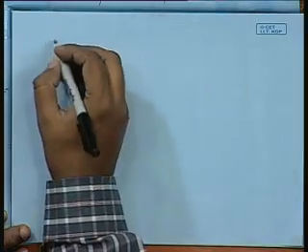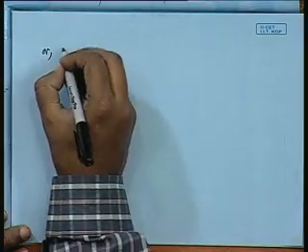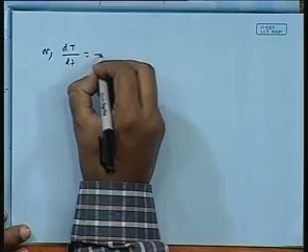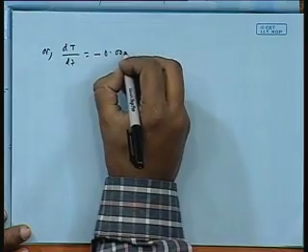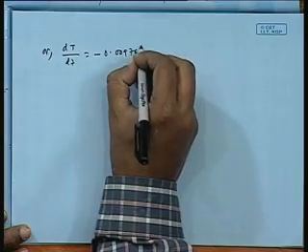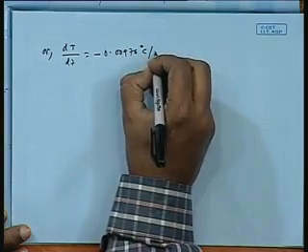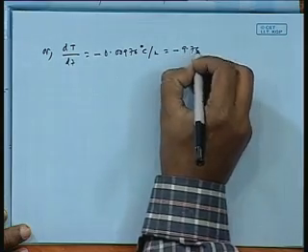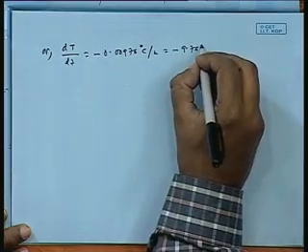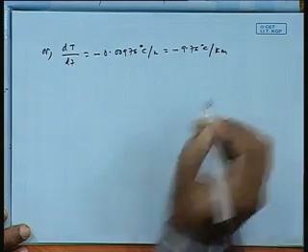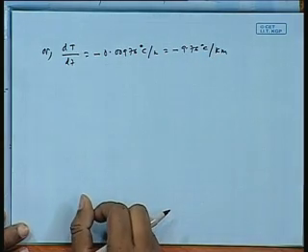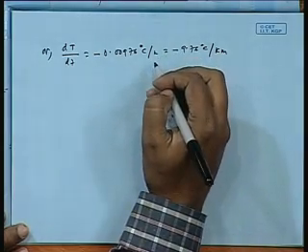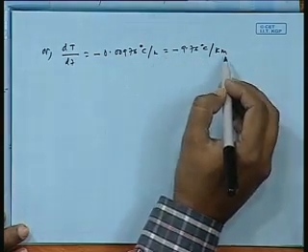If you observe this, we can write dT by dz is equal to minus 0.0976 degree centigrade per meter, which is about minus 9.76 degree centigrade per kilometer, multiplying both by 1000, so 1000 meter becomes 1 kilometer.